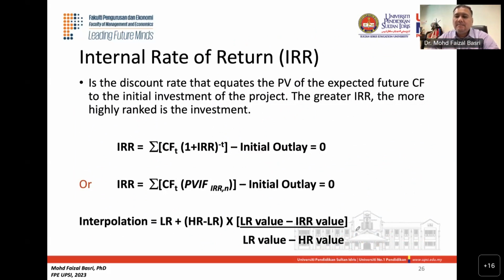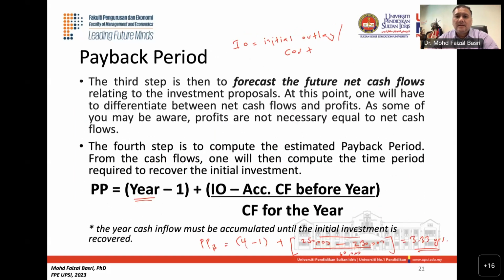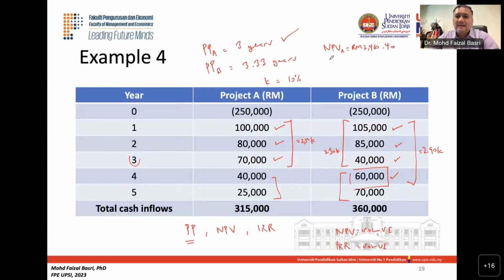When I push the solve button, it takes a while to calculate. I get the IRR, internal rate of return, for project A, which equates to 10.48%. So this is our internal rate of return for project A.